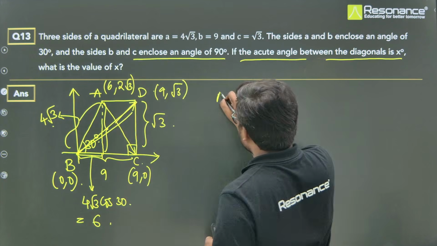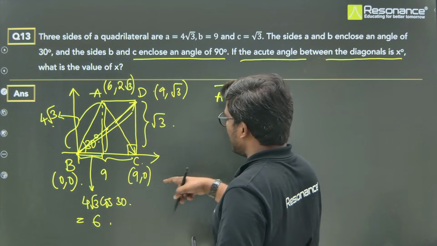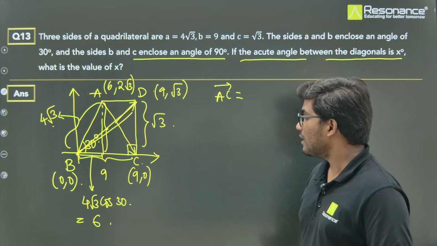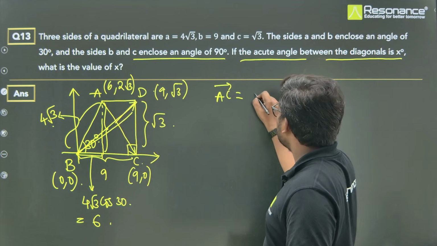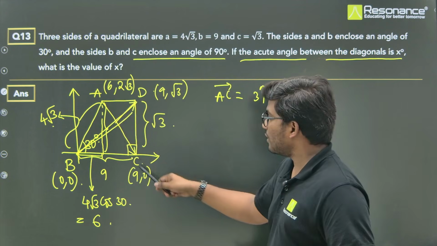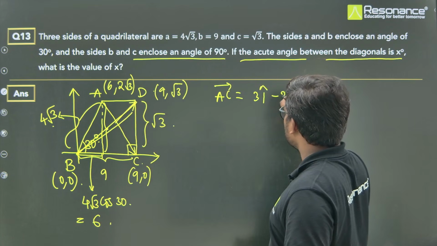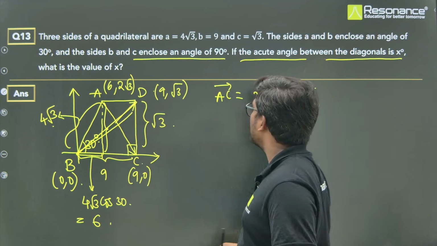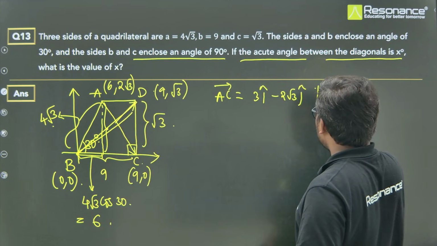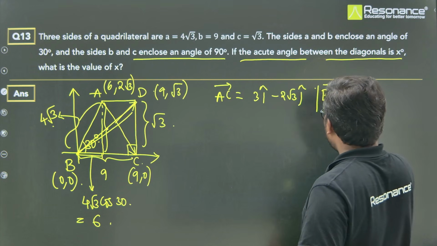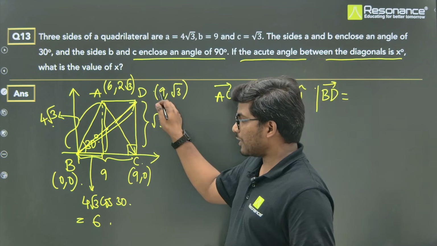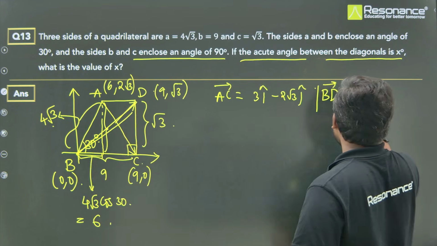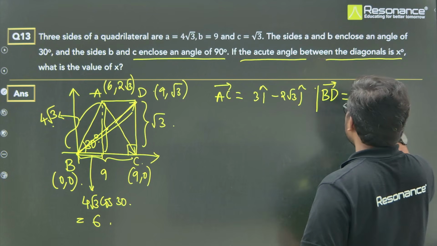AC bar would be the position vector of C minus position vector of A, so 9 minus 6, 3i, 0 minus 2 root 3, minus 2 root 3j. And then BD bar is the position vector of D minus position vector of B, so it would be 9i plus root 3j.